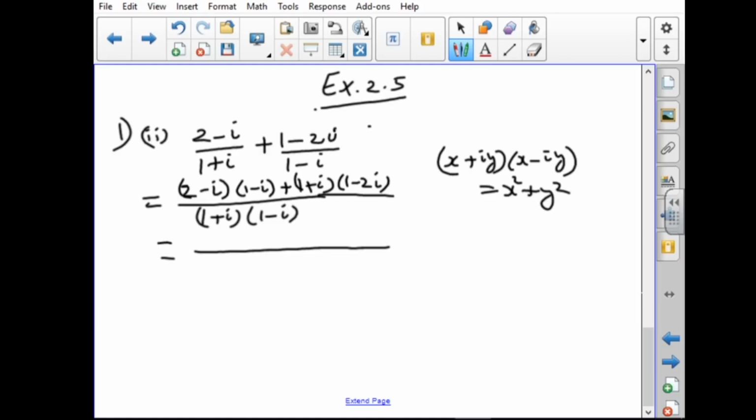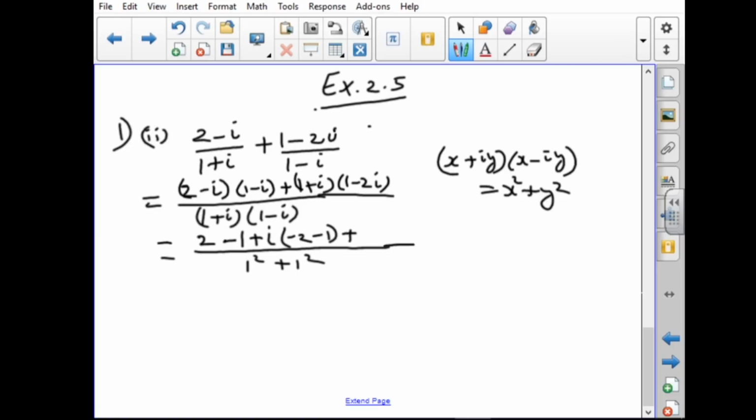So this is 1 square plus 1 square, and here we have to multiply. When you multiply the real part into real part, 2, then imaginary part into imaginary part, minus into minus plus, i square is minus 1, so we get minus 1. Then we are going to find the imaginary part. So i into, we multiply the real with the imaginary, so minus 2i, so minus 2, then imaginary with the real, so minus 1.